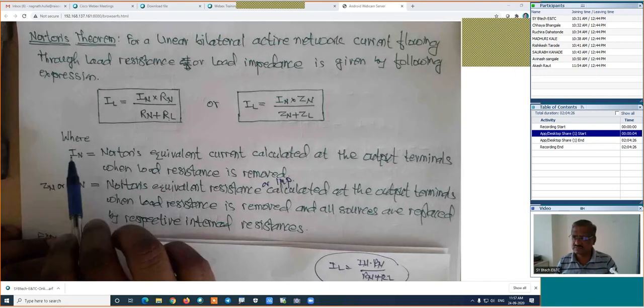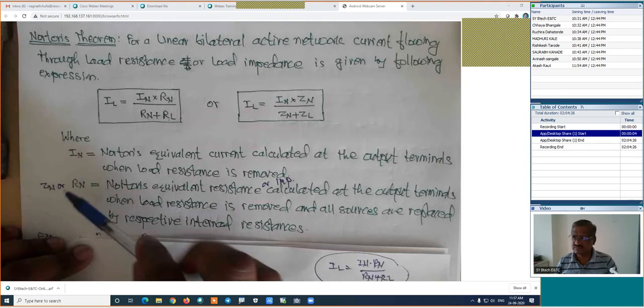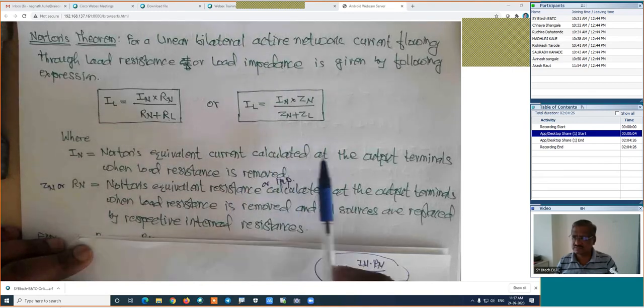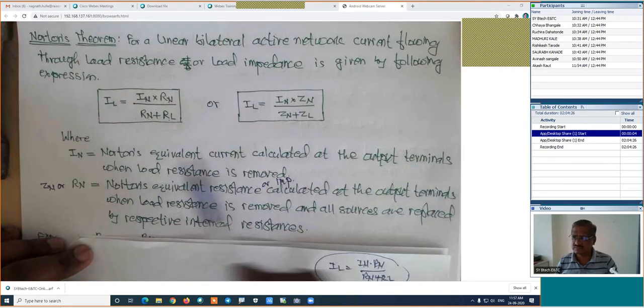But what is IN? IN is Norton's equivalent current calculated at the output terminals when the load resistance or load impedance is removed.